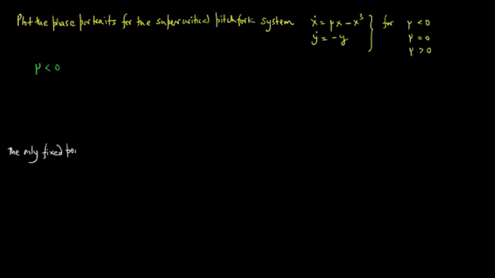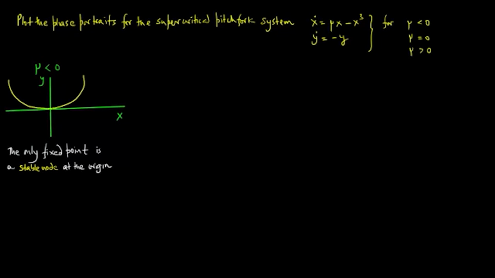Here the only fixed point is a stable node at the origin. So we'll have a relatively straightforward phase portrait. So plotting y versus x, we have a stable node at the origin.